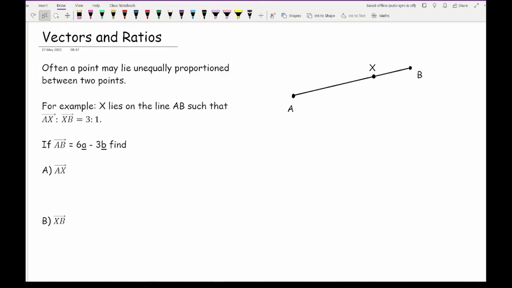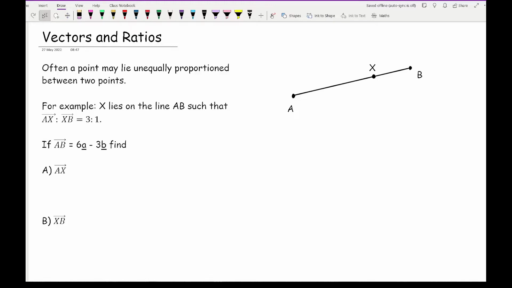And typically you'll be given one of those three distances. You'll either be given the AX or the XB or the total distance, which in this case is AB, and we then need to find the other components. Now, when it looks at ratios, you've got to remember this: the concept is exactly the same as if you were sharing, let's say, £40 in the ratio of 3:1.